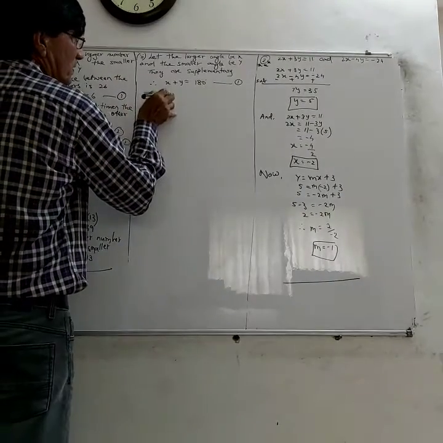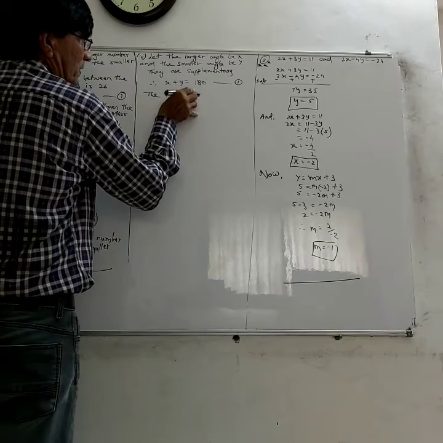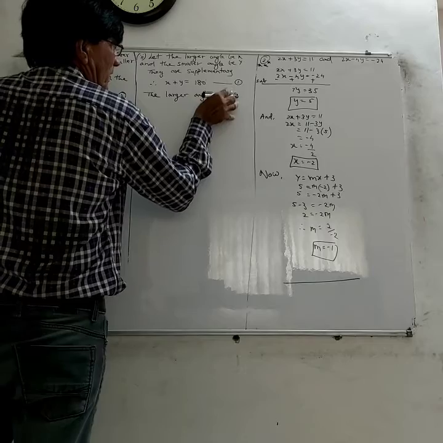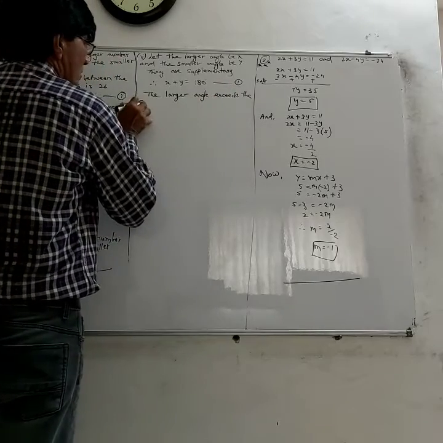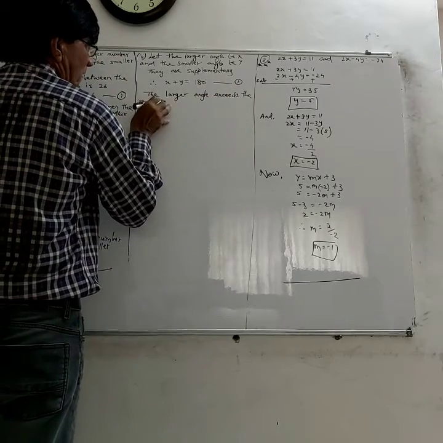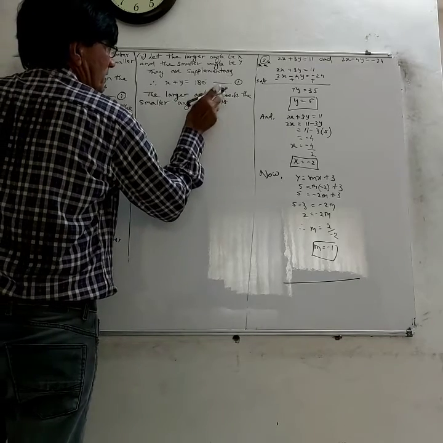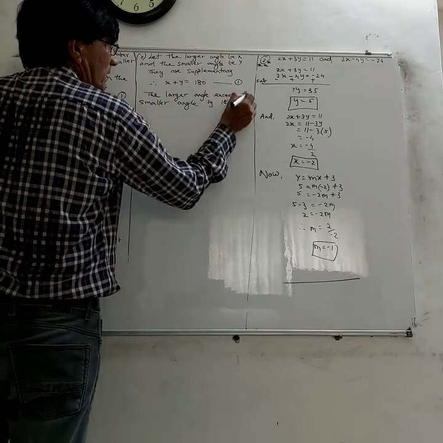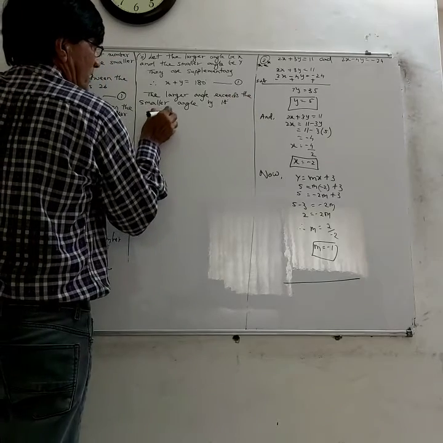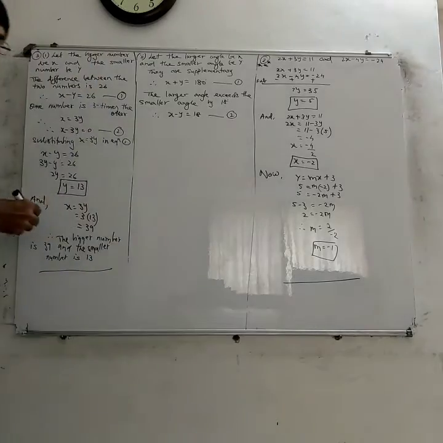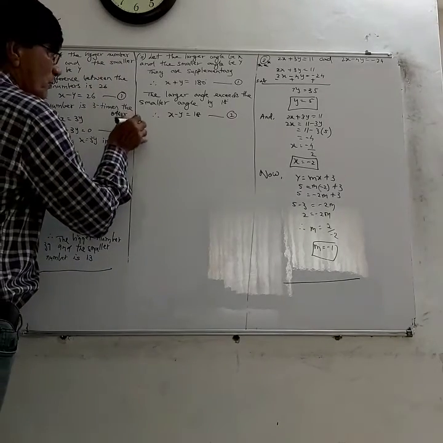The larger angle exceeds the smaller angle by 18 degrees. Therefore, x minus y is 18. Equation number 2.